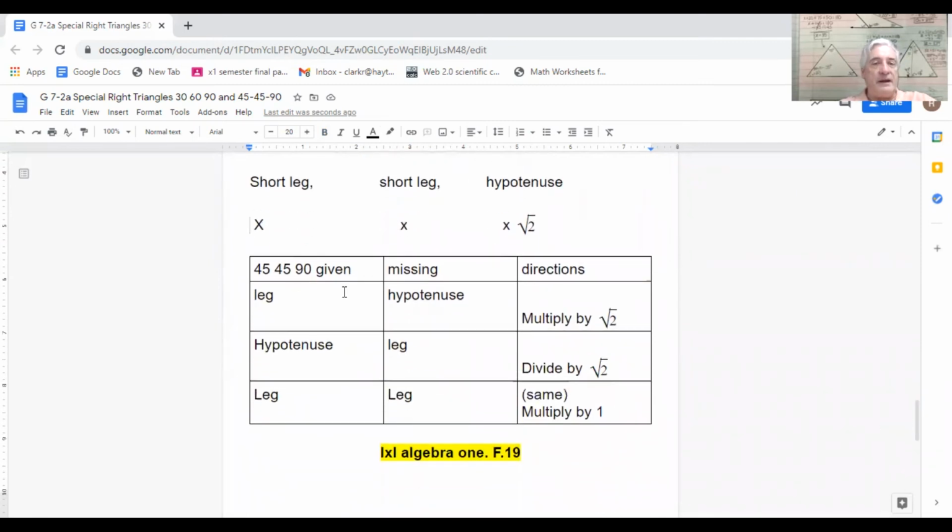To go from the leg to the hypotenuse, you multiply by square root of 2. To go from the hypotenuse to the leg, you divide by the square root of 2. And if they give you a leg, let's say it's 7, well, the other leg is 7. You multiply by 1, it's the same. I don't even know why I put that column in there, but I did. I put that row right across.